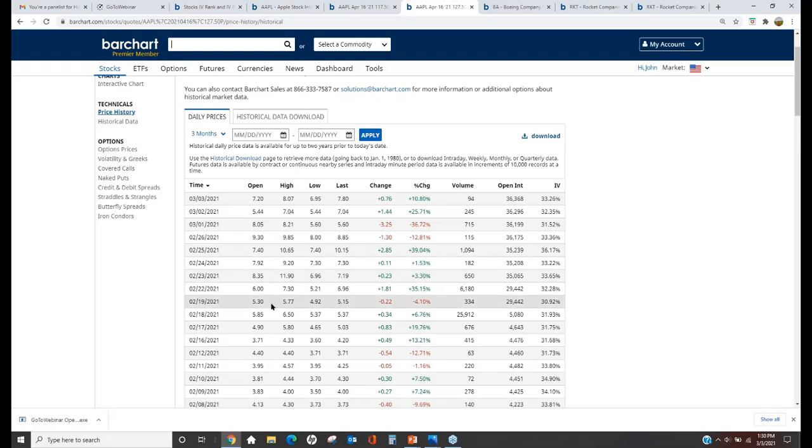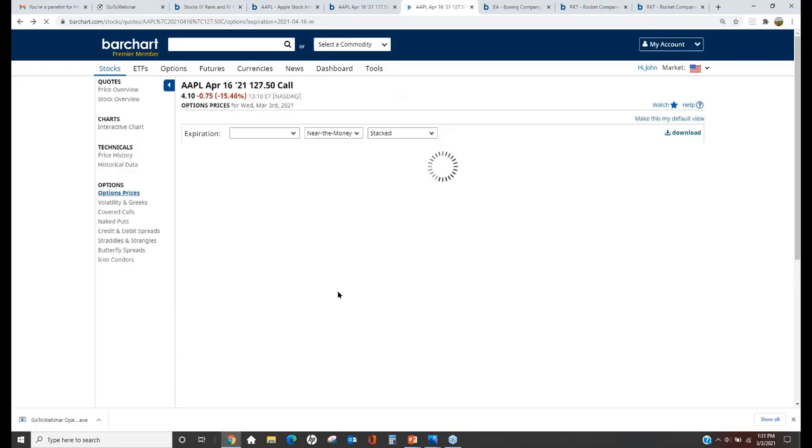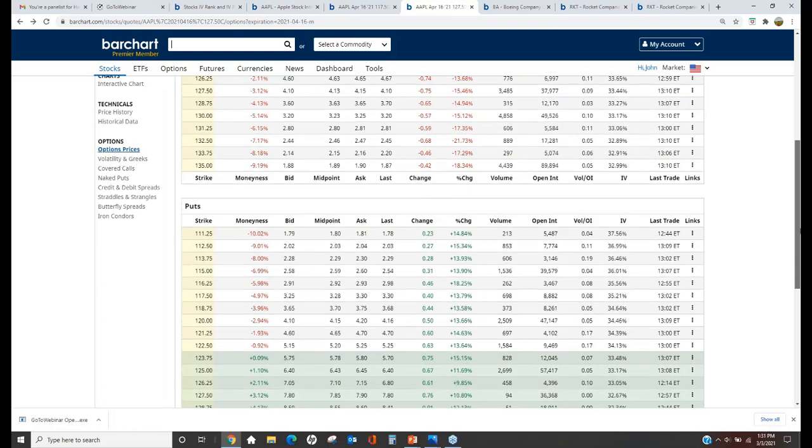Now, I would need to go back and look at my other strike, the 117 strike, and look at its history, right, to give us that perspective.